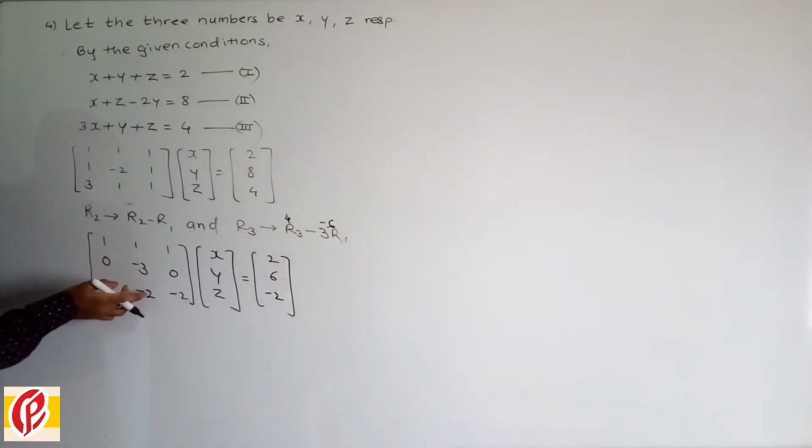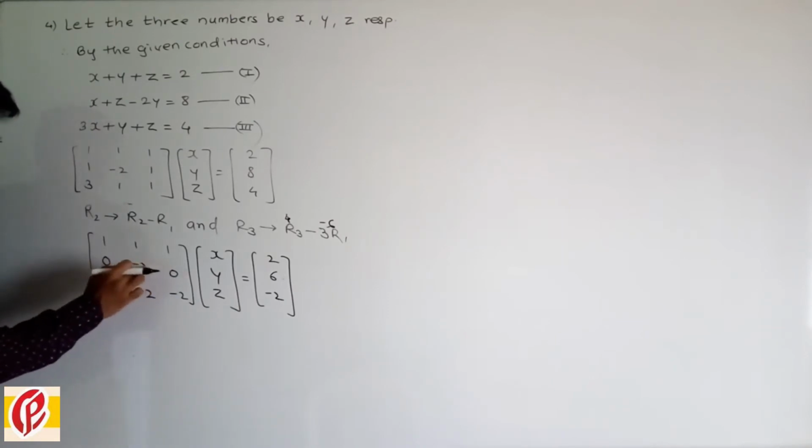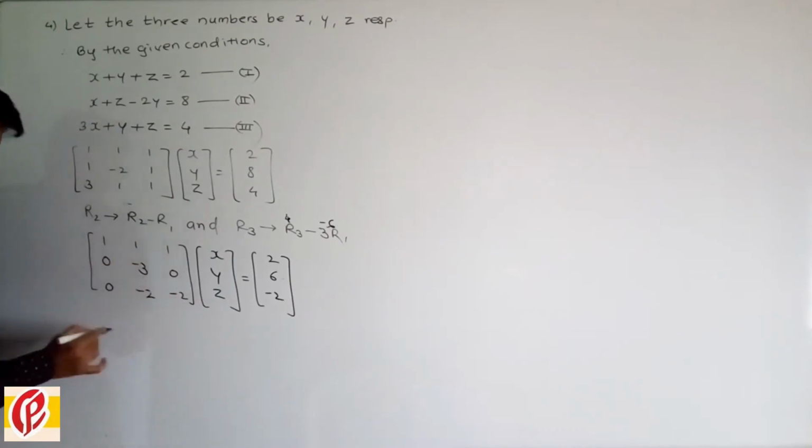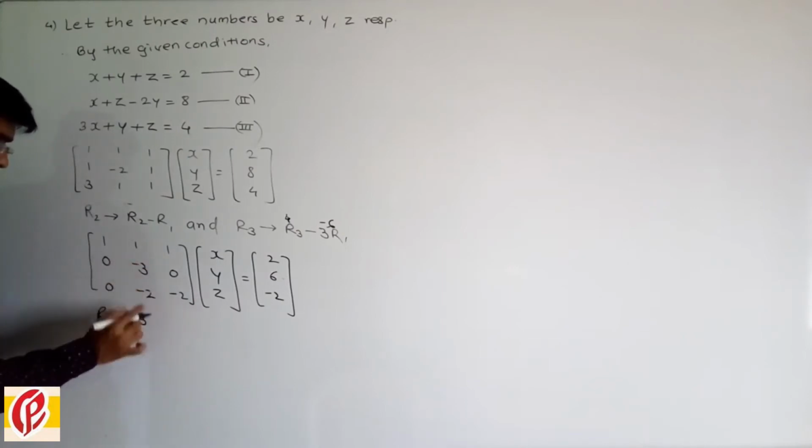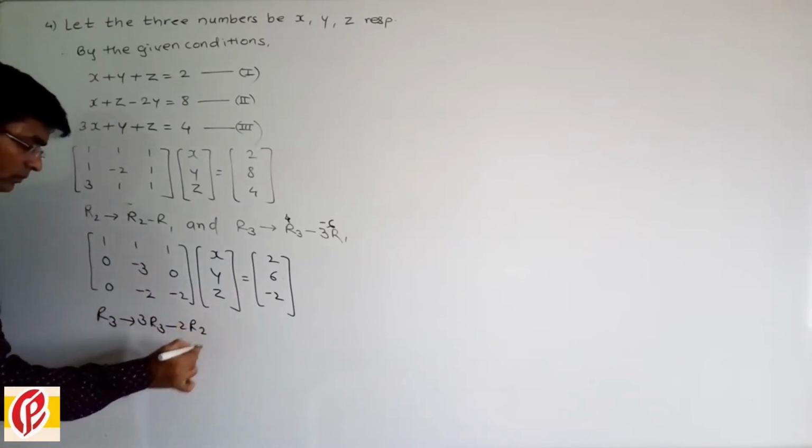Then here should be 0. So which rows should we take? The second row and third row. So how do we get 0 here? Multiply 2 to row 2 and 3 to row 3. So R3 changes to 3R3 minus 2R2.